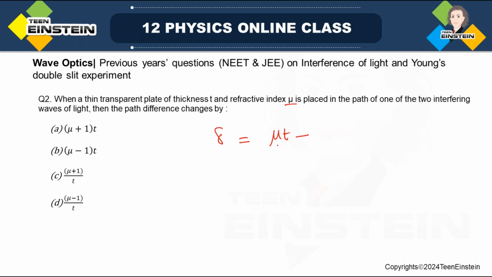When it passes through the medium, the optical path length will be mu into t, minus the path length in the air, which is t. So this gives you (mu minus 1) into t. This is the extra path difference which will be introduced. So option B will be the answer for this.